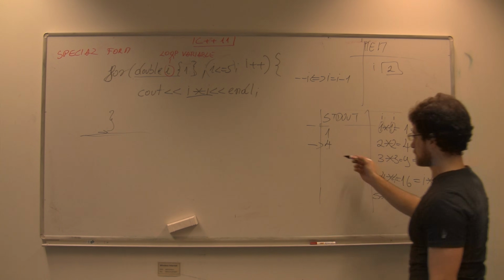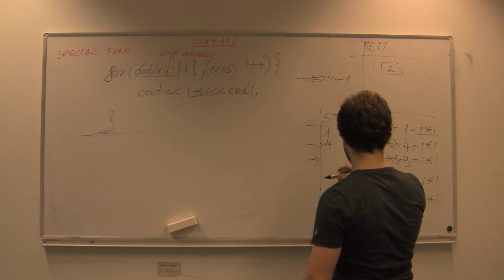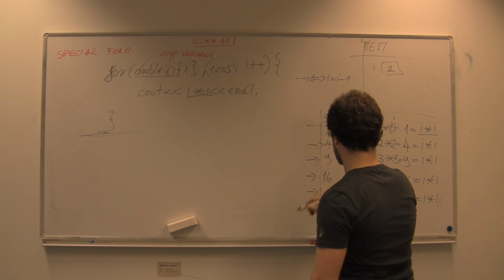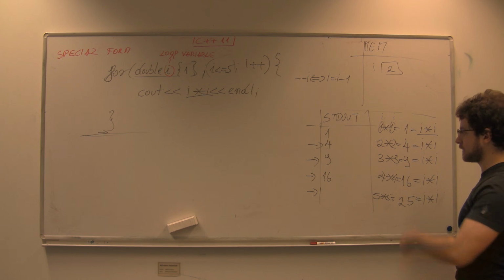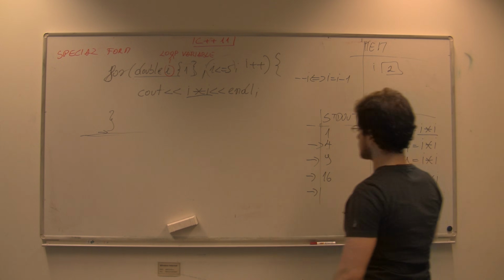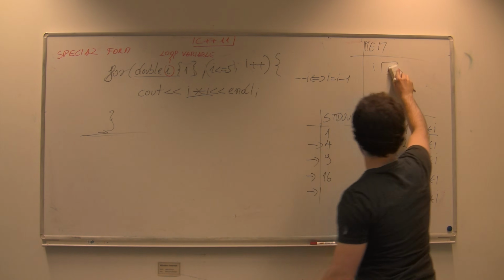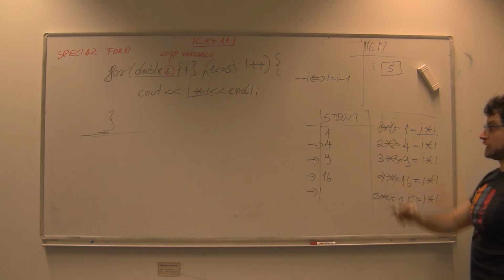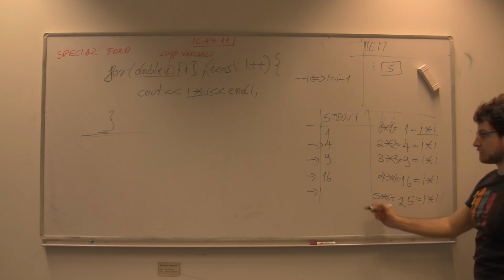And this iterates, so the next number is 9, next number is 16. And finally, at the last step, we have I equals 5. Evaluating the expression in the body generates 25.